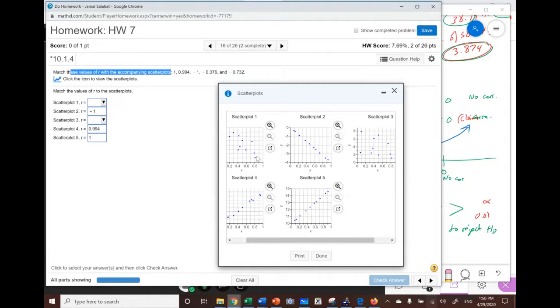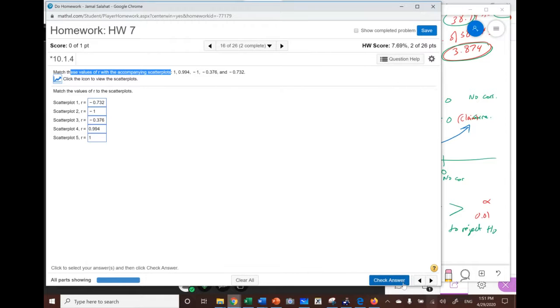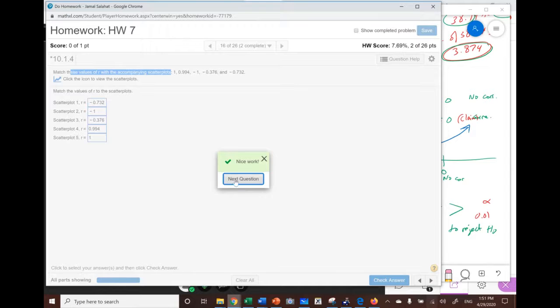Because both of them are going down, it's going to be negative. But in 1, it's closer, which means it is closer to negative 1, and therefore for scatter 1 we're going to choose negative 0.73. For number 3, we're also going to choose a negative, but what's left is negative 0.376. If you do this and check your answer, it should give you the correct answer.